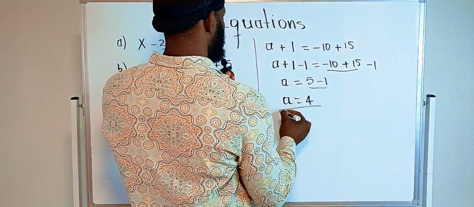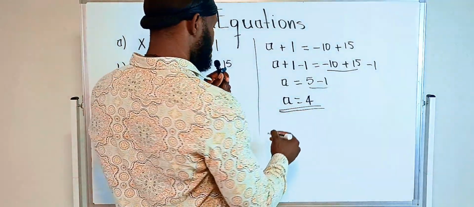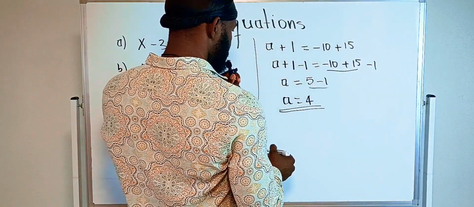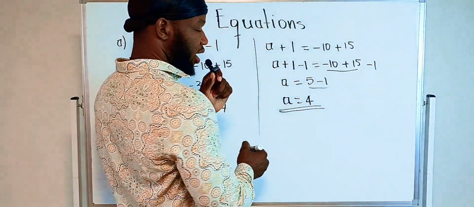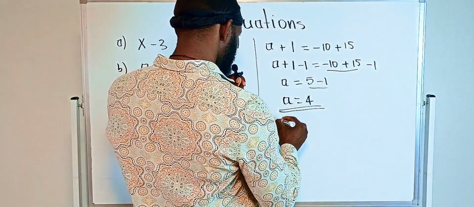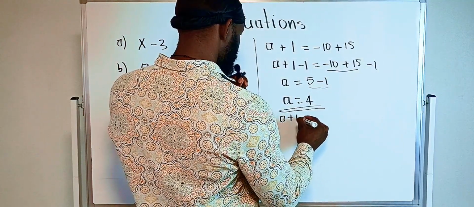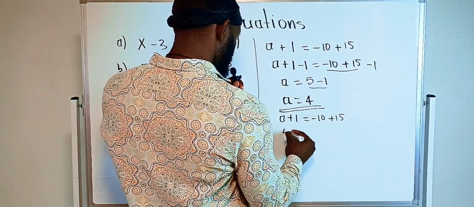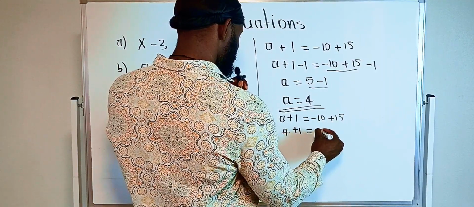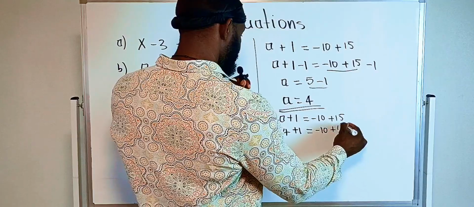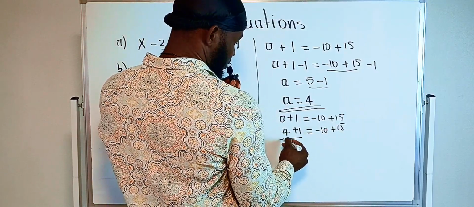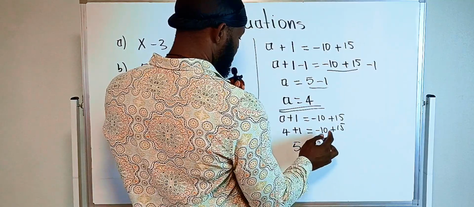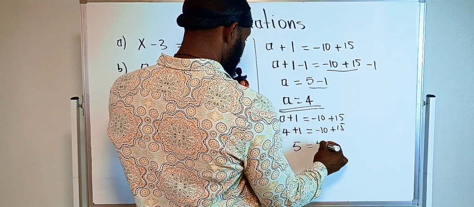If I want to make sure this is the answer, I should bring it to the initial equation. Whenever I see a, I gotta replace it by 4. So a plus 1 equals negative 10 plus 15. So 4 plus 1 equals 5, and negative 10 plus 15 equals 5.